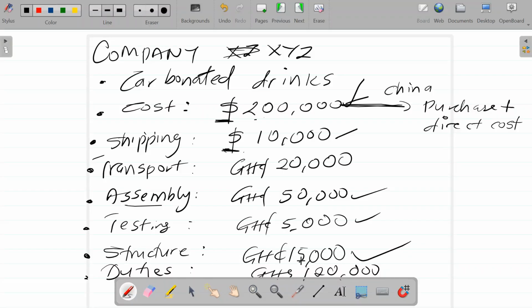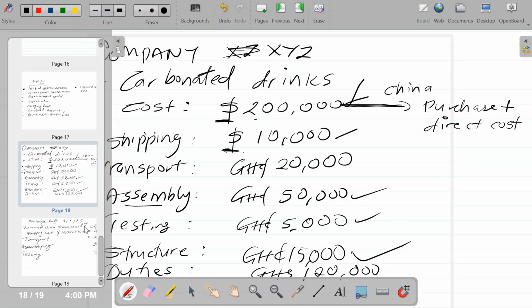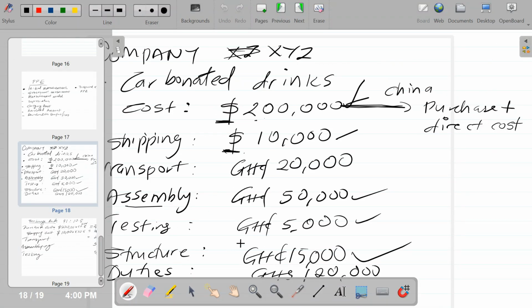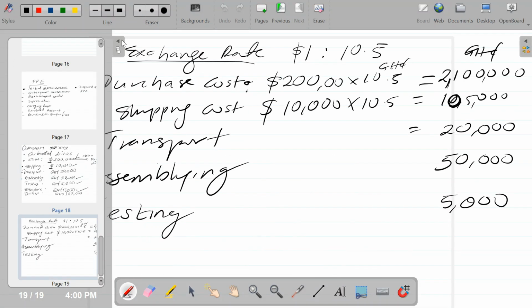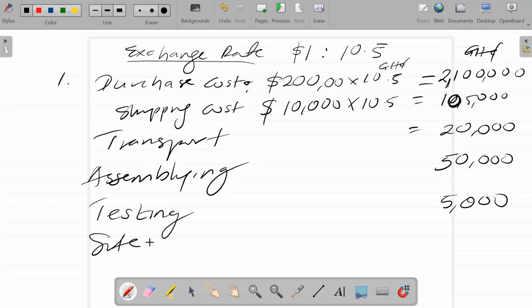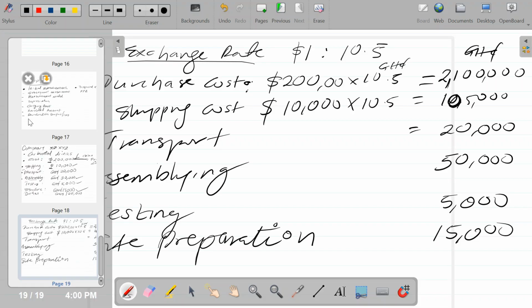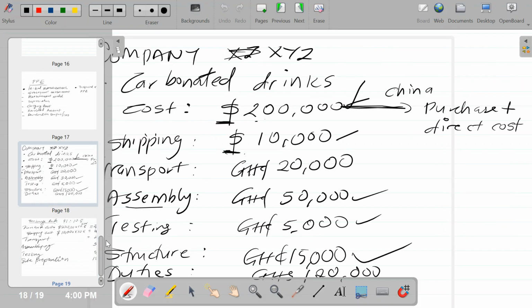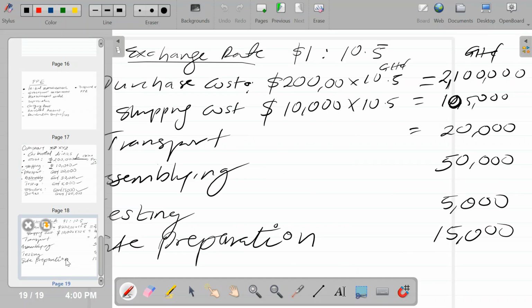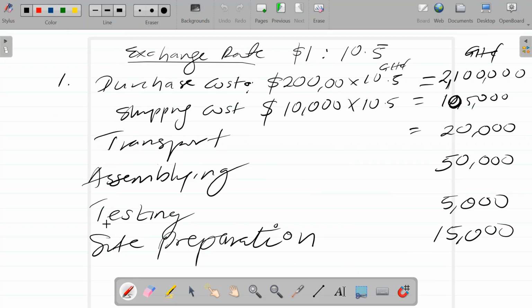Okay, this is called site preparation, and that's 15,000. Okay, what else? Duties. How much are duties? 120,000.